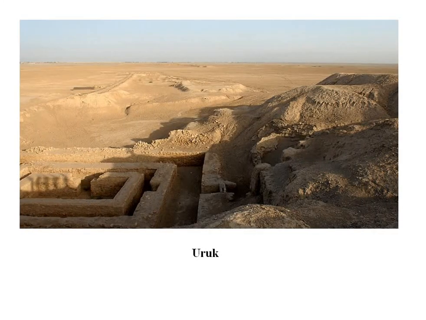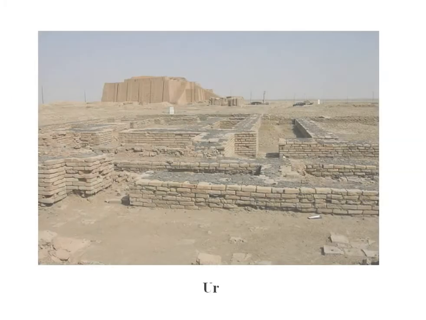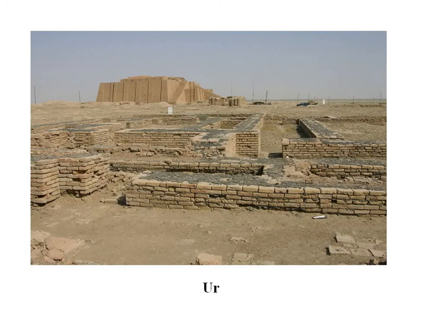See students, this is Uruk, and you can see how the construction was done here. And this is Ur. Mud bricks were used, and again fired bricks were developed in this era to build the cities.